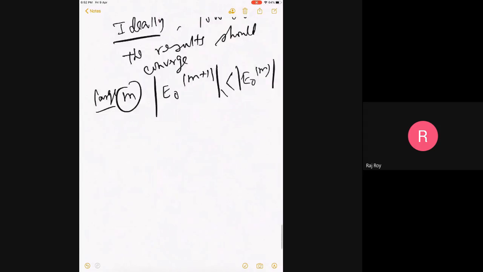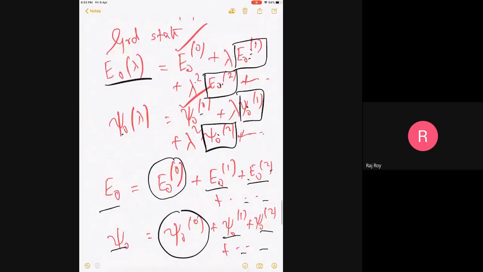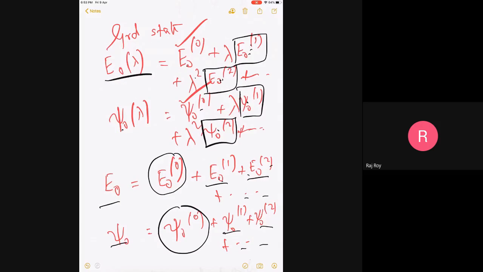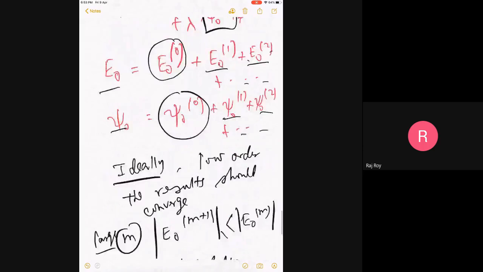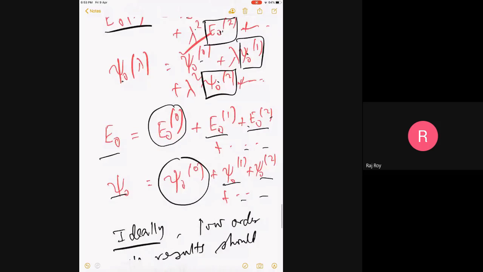So I have introduced a very important term called the order of the perturbation. In the power series, whatever multiplies a power of lambda, that power is called the order of the perturbation. So when I say it's a first order energy correction, what would you mean? It would mean that you would stop here. That's the first order.